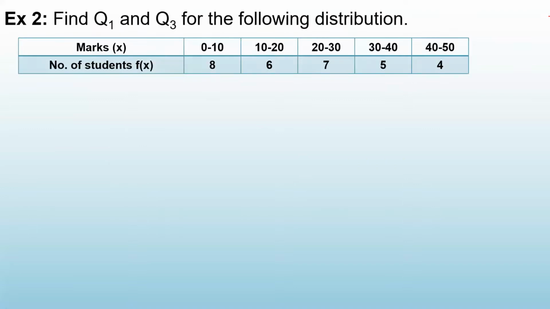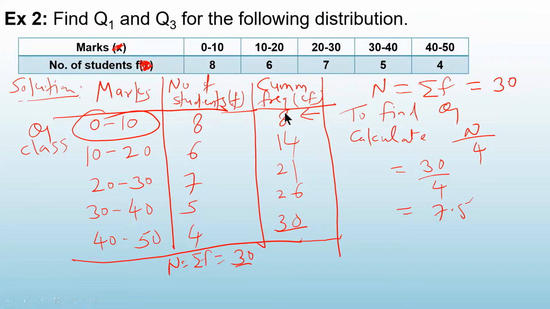Now we have to locate the Q3 class. 22.5 यहाँ से start करो. 22.5 पे ज्यादा किधर आया? The 26, correct? And it is for which class? 30 to 40. So this is your Q3 class. Okay. So we have located the Q3 class. How will you locate Q3 class?